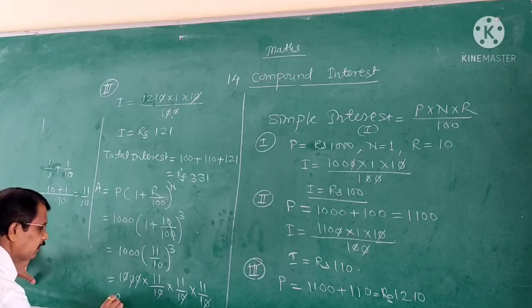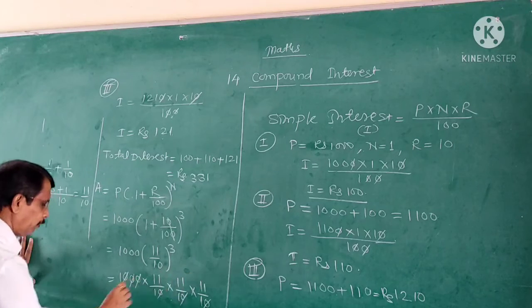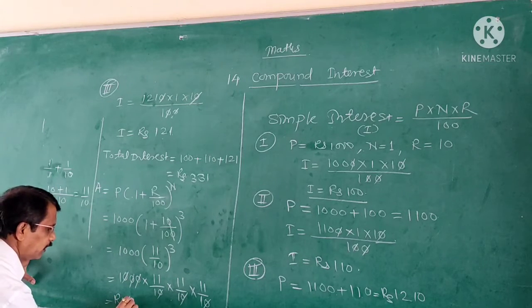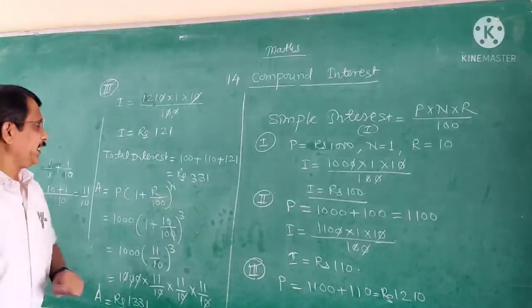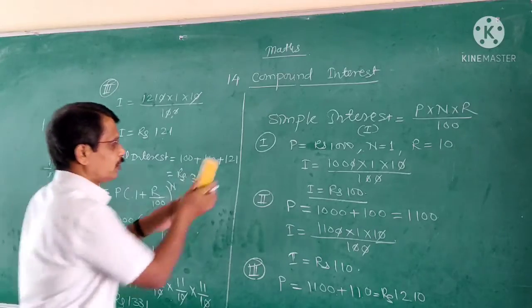Here the amount is rupees, cube of 11 is 1331. Here this is the amount, but we have to find compound interest. Compound interest, simple formula.